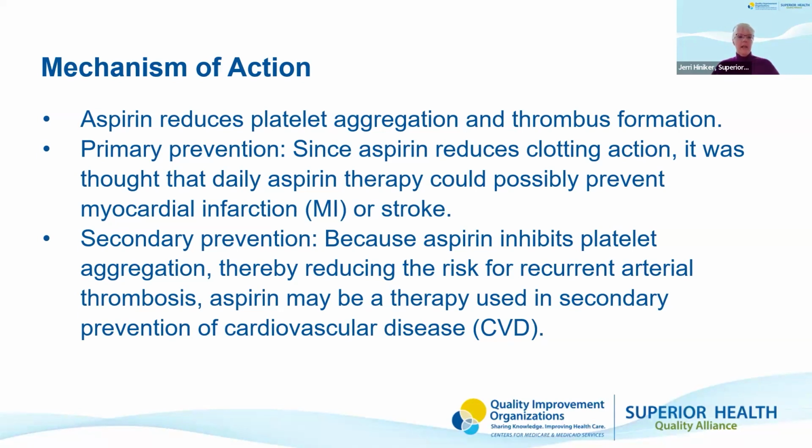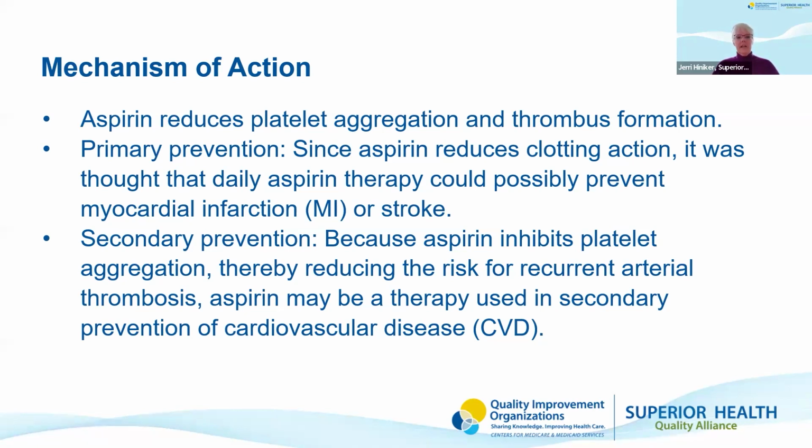So again, the mechanism of action for aspirin, which is how we got here for aspirin as part of primary and secondary prevention, is that aspirin reduces platelet aggregation and thrombus formation. The reason we used it in primary prevention is that, because of this action, it was thought that a daily aspirin could possibly prevent heart attack and stroke.